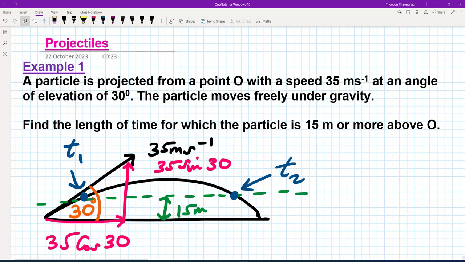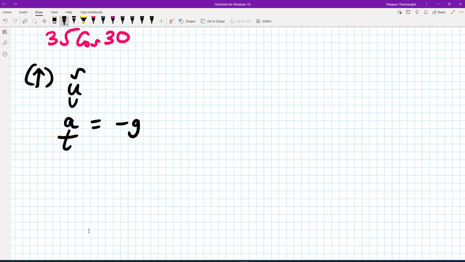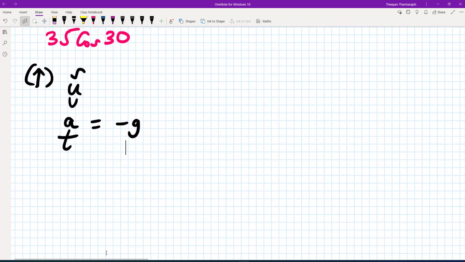So let's do a SUVAT and take upwards as positive. So A is minus g. U is going to be the vertical component of the velocity, so 35 sine 30. But we're interested when it's 15 meters or more above the ground.